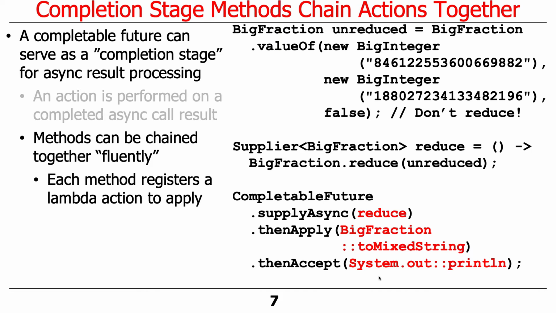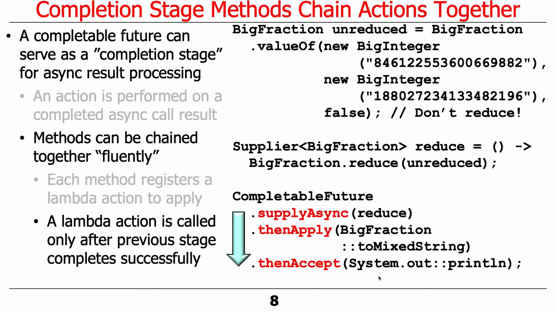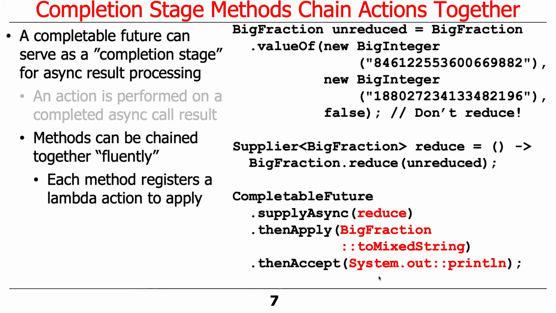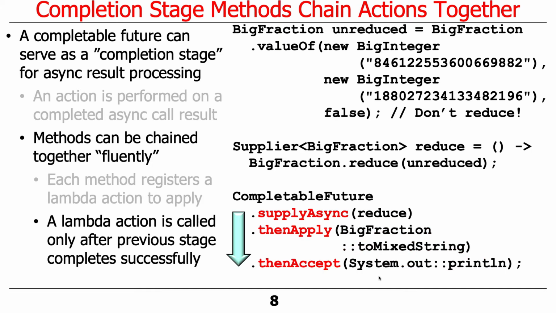The lambda actions, which are these things in red, are called only after the previous stage completes successfully. So it's done one after another. But each of the computations runs asynchronously. And of course, as we said before, you could have multiple asynchronous computations taking place in parallel. But a given computation will run in sequential order with the completion of asynchronous operations that came before. Yes?